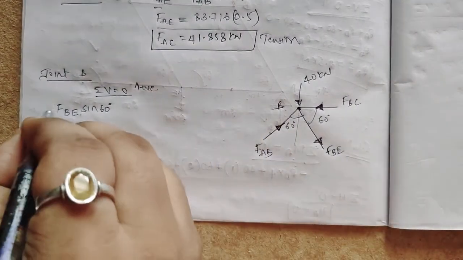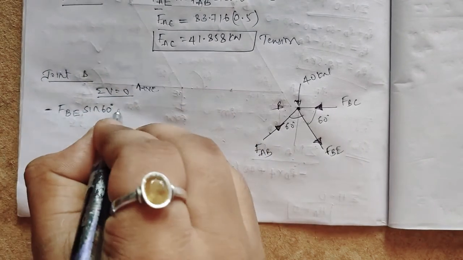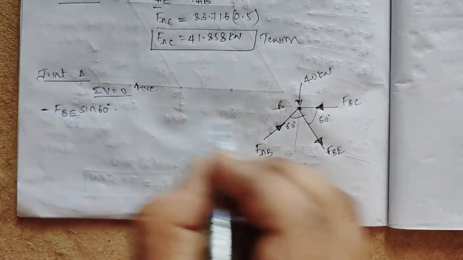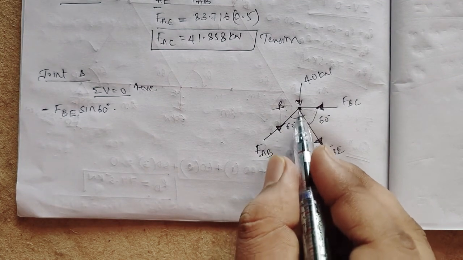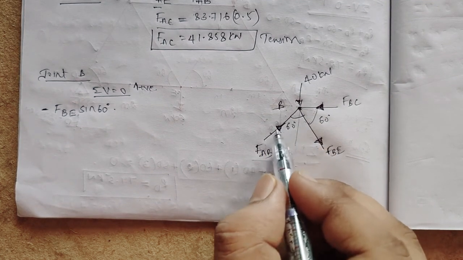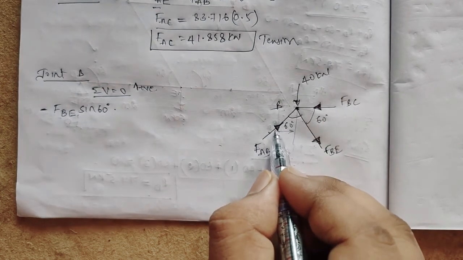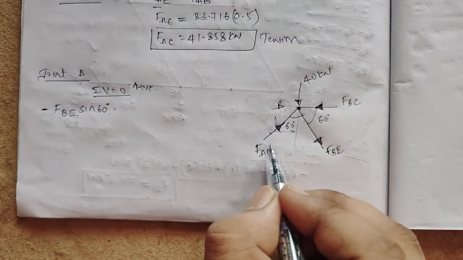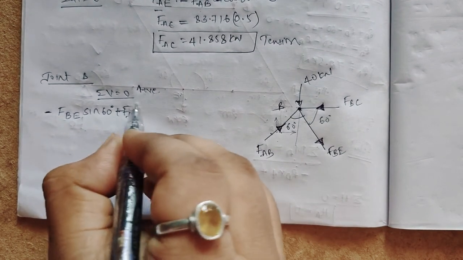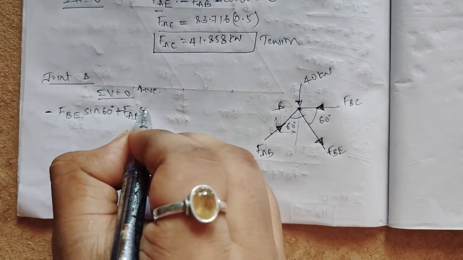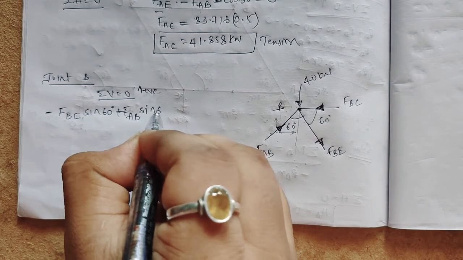FBE sine 60 degree, I'll resolve the forces. FBE sine 60 degree and it is going downward, negative. Next FAB, so the vertical component, this will be horizontal, this will be vertical. So FAB sine 60 degree.